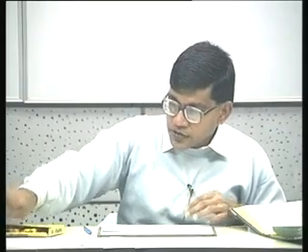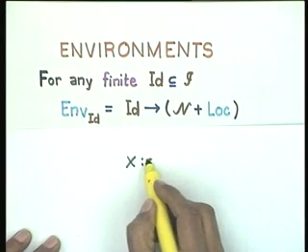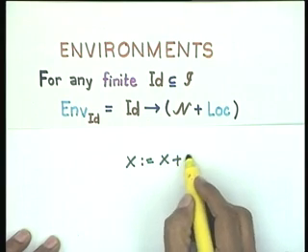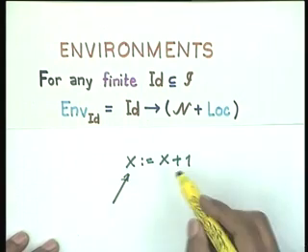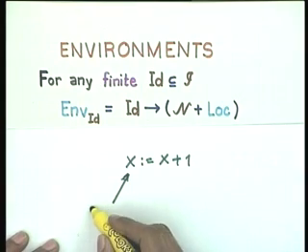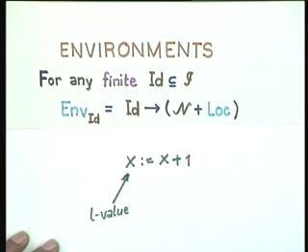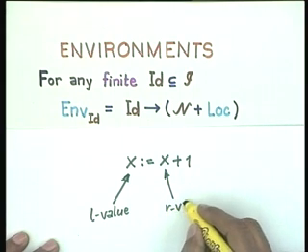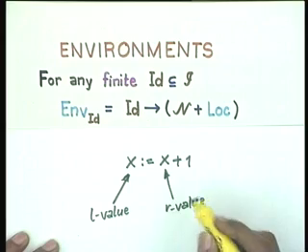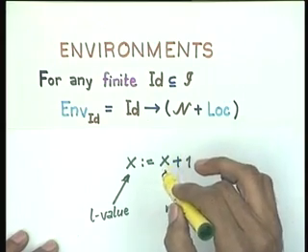Which occurs when you have a statement like this. When you have a statement like this for an identifier x, then this denotes the L value, which means the location, the identifier-location binding. This denotes the R value, which means the value contained in the location to which the identifier x is bound.